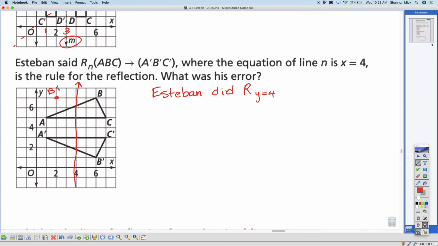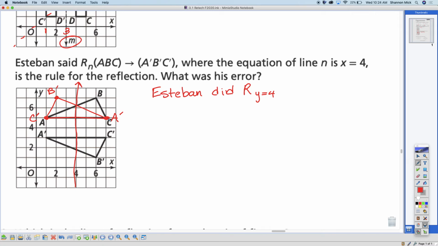So it needs to be 1, 2, 3 on the other side. So this would be C prime. And A would go to where? So this would be A prime. So if you did it right, it would look like that, wouldn't it?